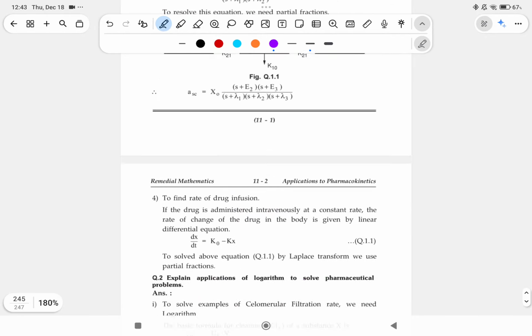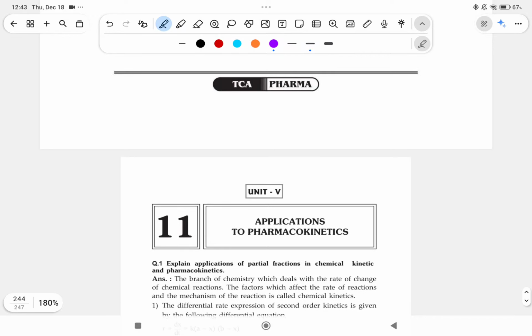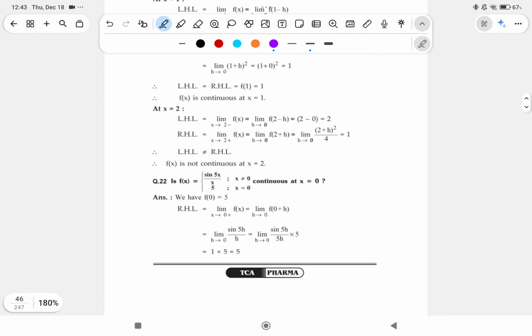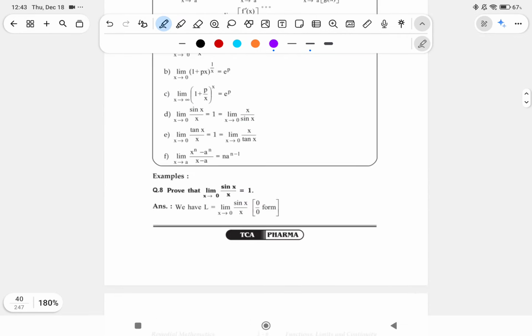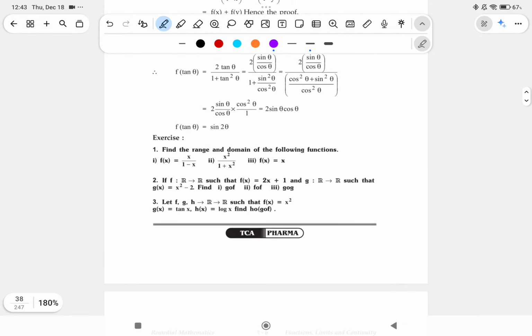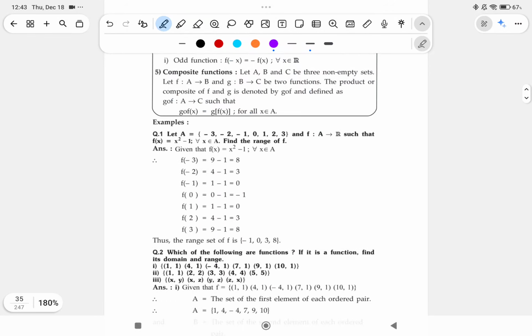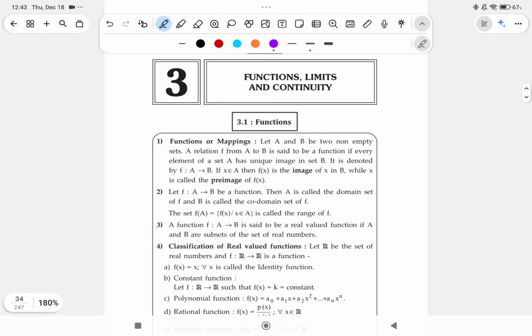Now come to the starting point of this chapter. See, functions, limits and continuity.